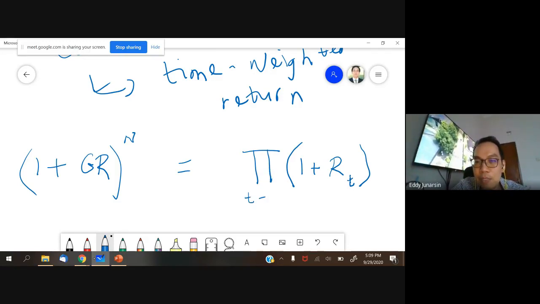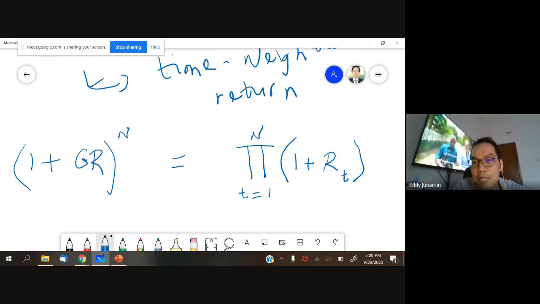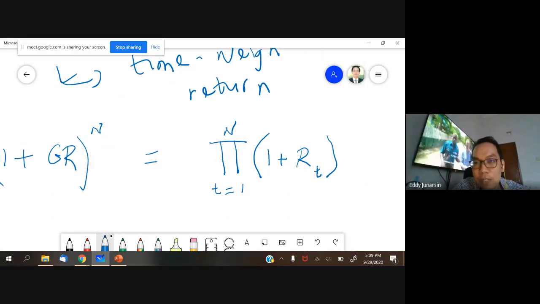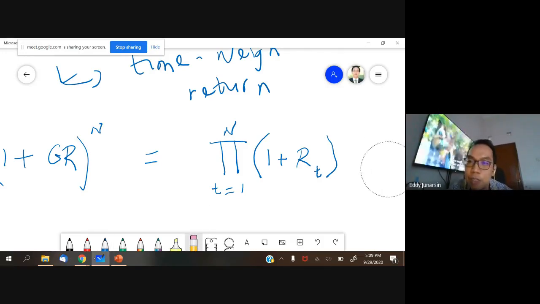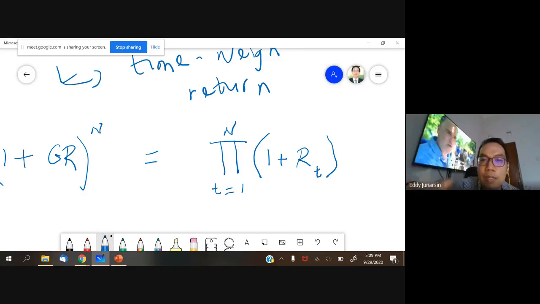You still remember the meaning of the pi? Pi means multiplication. Sigma means addition. Remember from your high school? You just graduated some years ago, right? Sigma means addition, pi means multiplication.